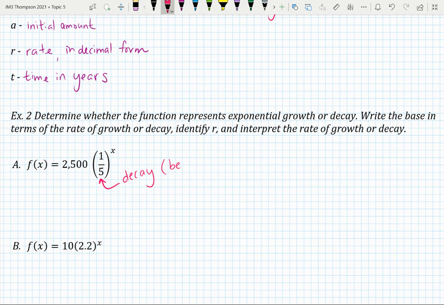It doesn't ask me why, but I'm going to write it because it's a good thing to have. Because that value of b is less than 1, it's a decay. So first part, determine whether the function represents exponential growth or decay. Boom, decay. Good, got it.